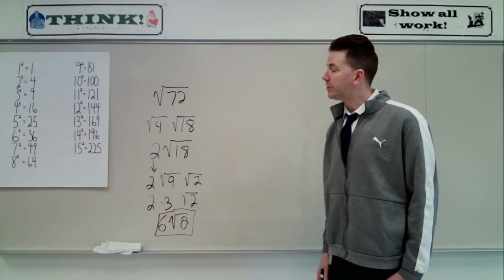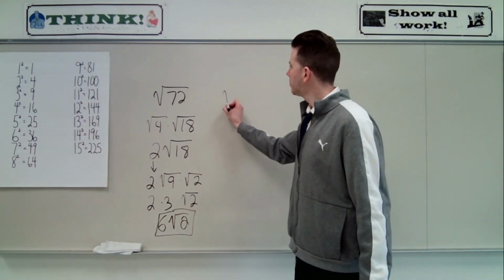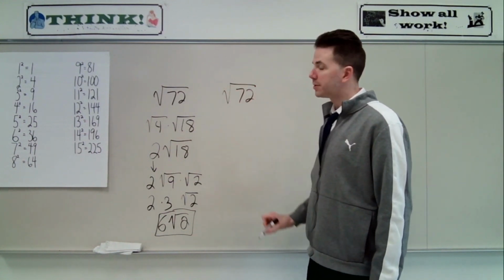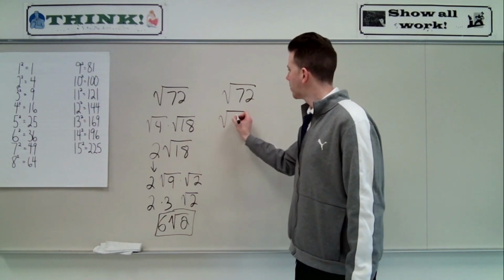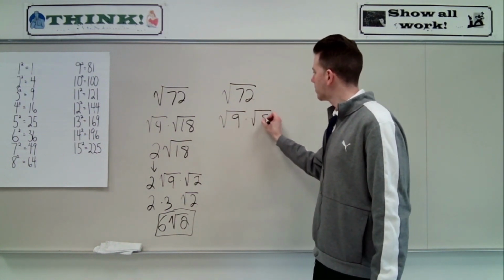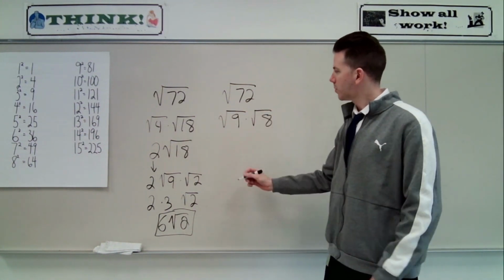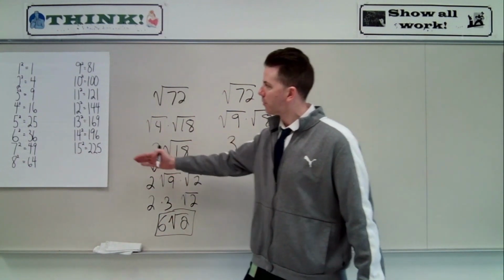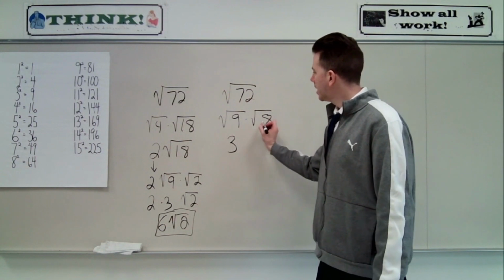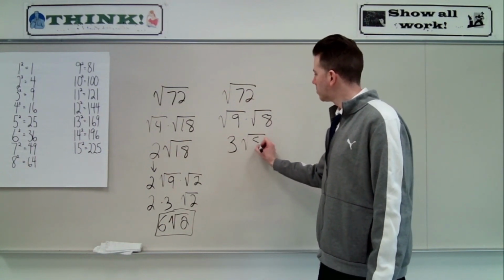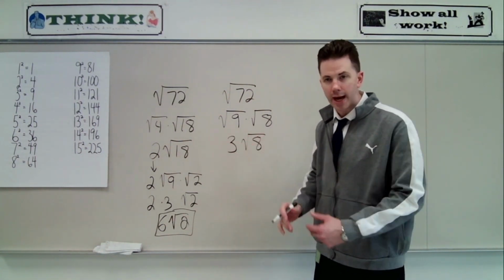Let's look at 72 one more time. The square root of 72 can also be broken down into 9 times 8. So we would do the square root of 9 times the square root of 8. We know the square root of 9 is going to be 3, again, referencing our perfect power sheet. And the square root of 8 will once again have to be broken down.